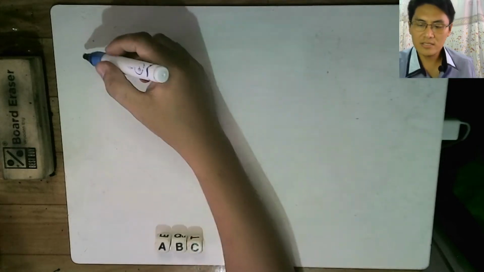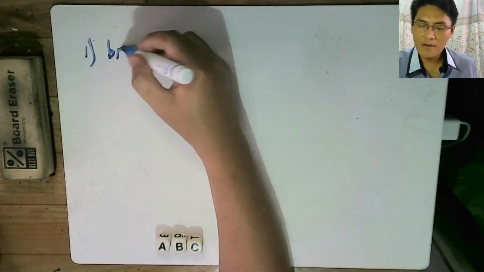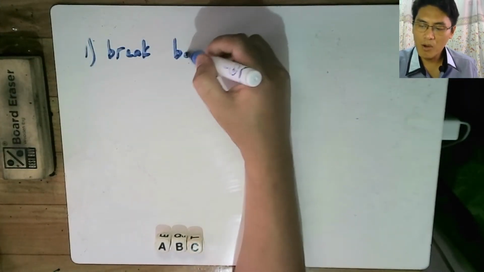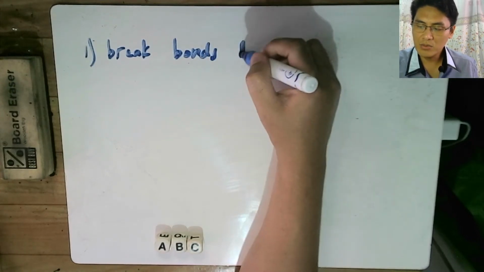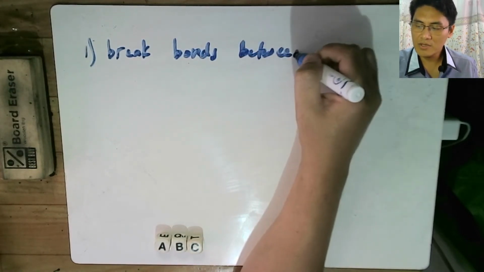Now, aside from the nuances of the collision theory, we have to relate this to what we've learned with chemical reactions, which is number one, again, there must be the breaking of bonds. So let me just write this one. Step one, break the bonds between atoms of reactants.